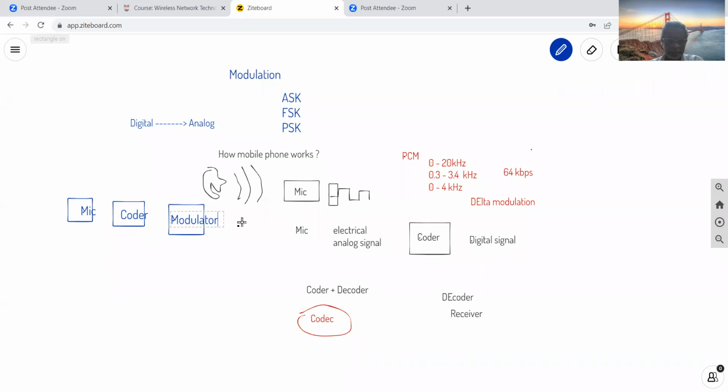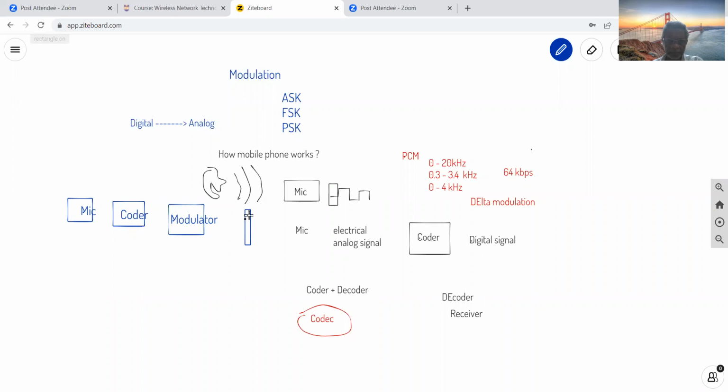Now this analog signal goes to an antenna. From the antenna, it goes into free space. Now there is a constraint here. The antenna size, the antenna length, depends on the frequency you are transmitting.